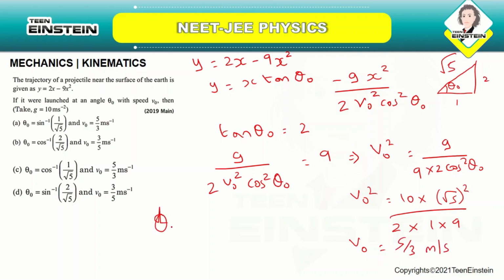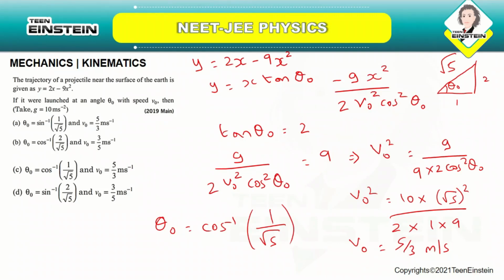So theta naught will be equal to cos inverse of 1 by root 5. Okay. It is a very simple problem only.